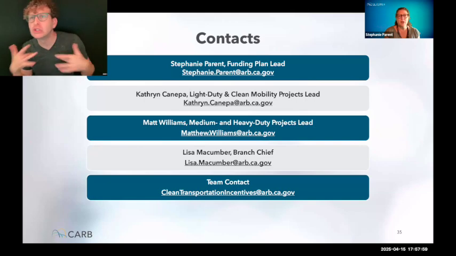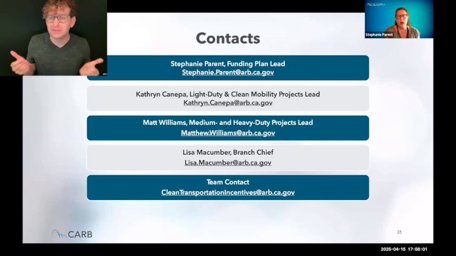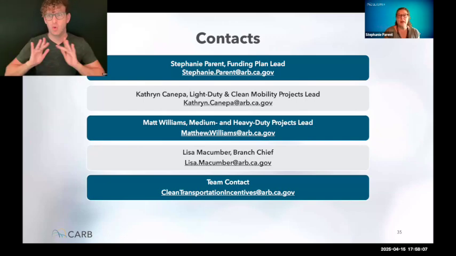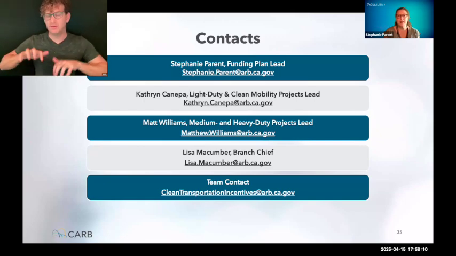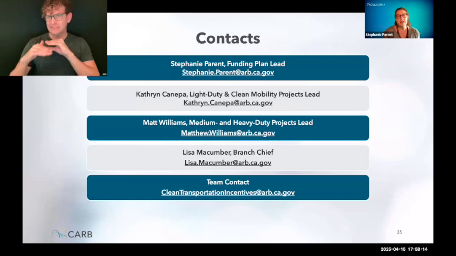We dropped that in earlier. We also have our main inbox email address listed at the bottom, Clean Transportation Incentives @arb.ca.gov. We really appreciate your engagement with us to develop the proposed funding plan. We look forward to collaborating with you this year.